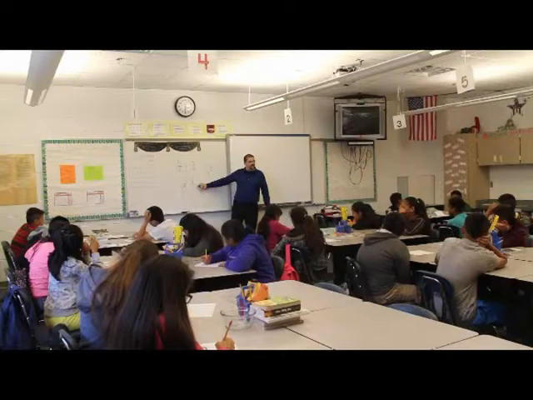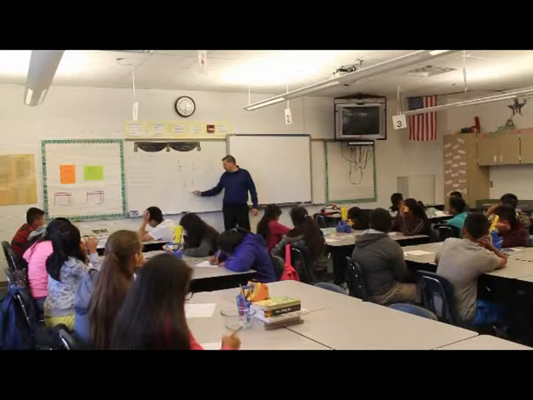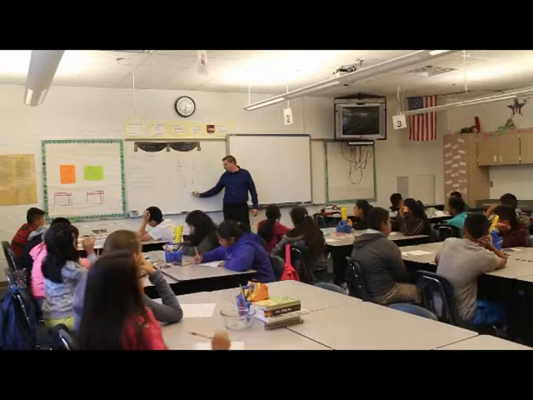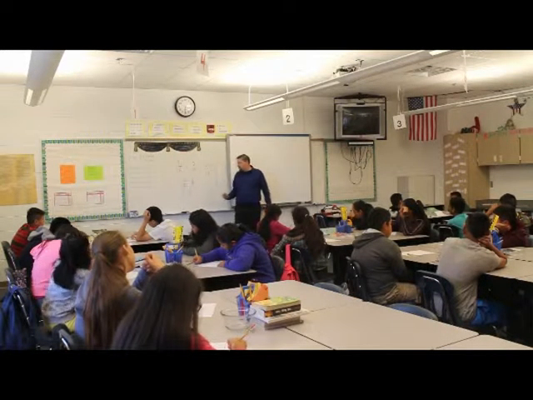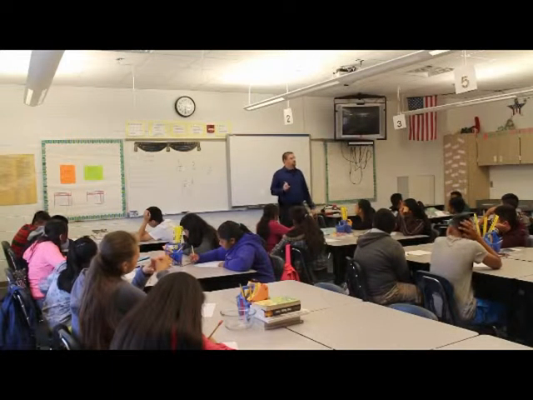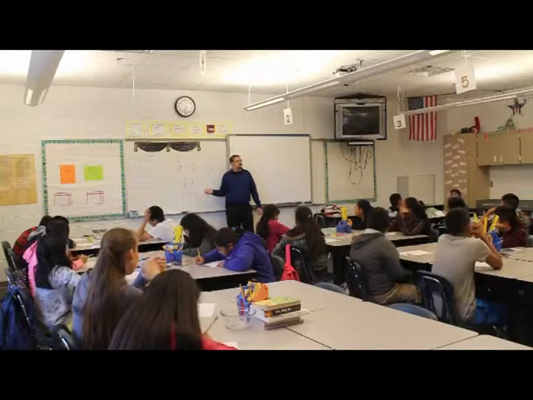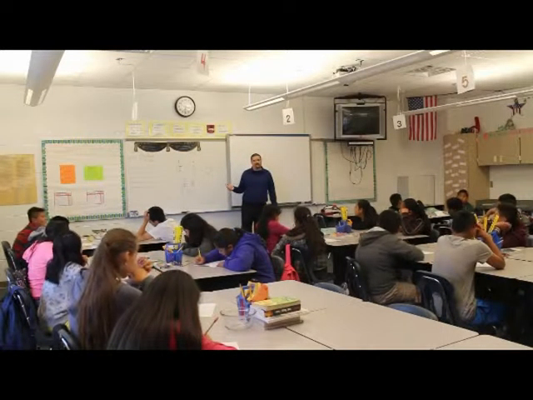How much do I have here? 11/16. So I can rewrite that because that's not improper anymore. So now what do I end up with? 1 and 11/16, which is a mixed number, which is the form that we're looking for.